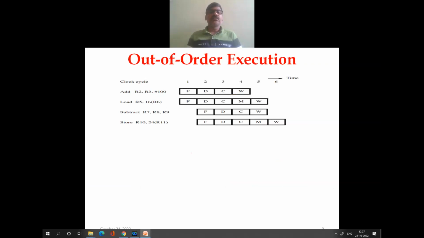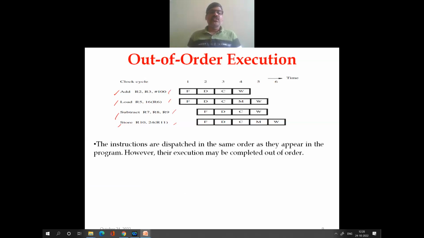Coming to out of order execution, consider these four instructions in sequence. During the first cycle, the add and load instructions are fetched, and during the second clock cycle, the subtract and store instructions are fetched, and in the subsequent clock cycles these instructions progress in their execution.